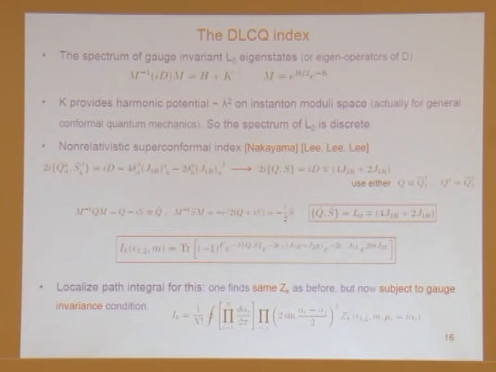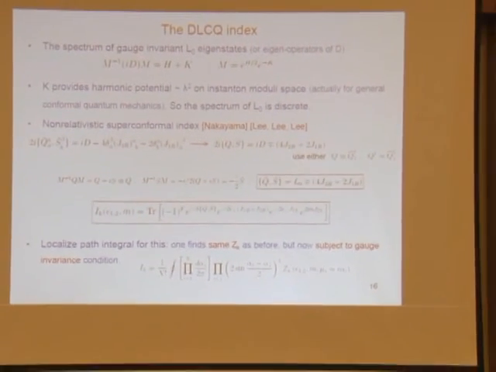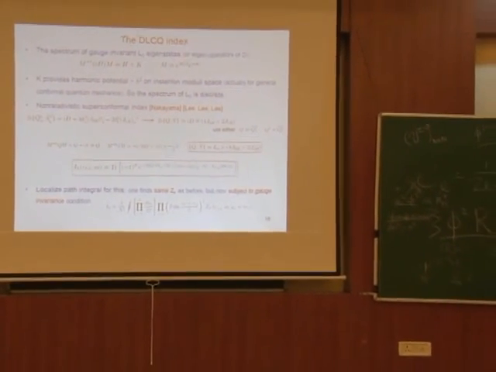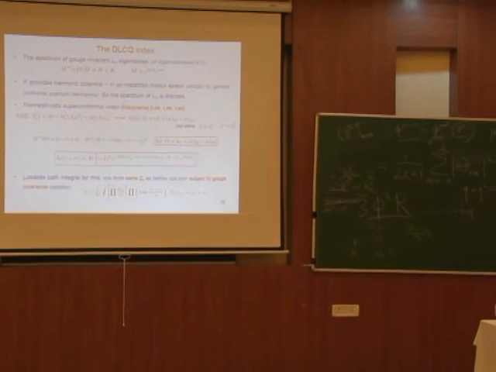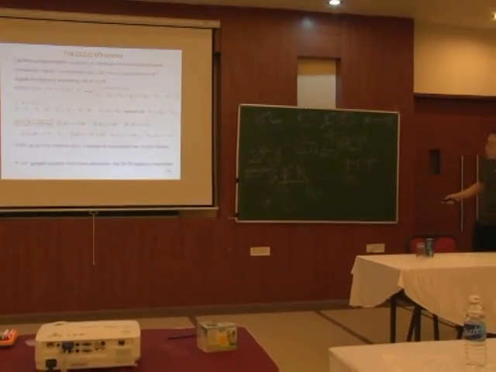The only difference is that you don't have electric charge chemical potentials because you're in the symmetric phase. So this index counts the spectrum of gauge invariant states in your system, or equivalently, via the operator-state map in any conformal field theory, you're counting the spectrum of gauge invariant local operators. So you do the path integral for this object, starting from the superconformal mechanics.